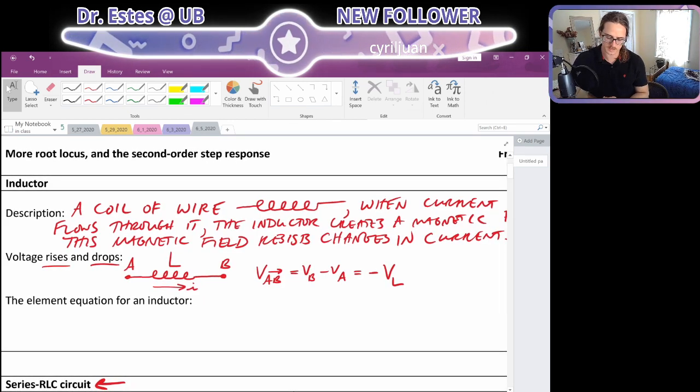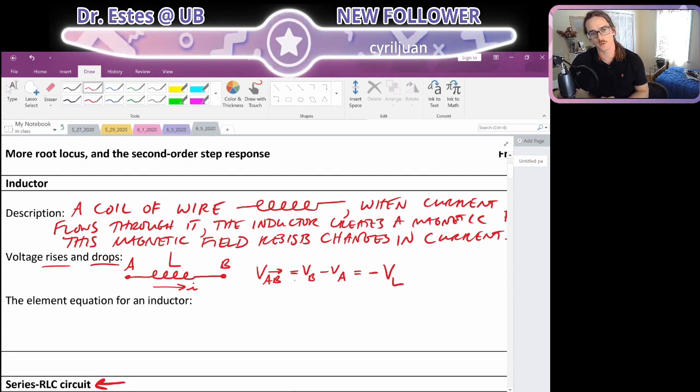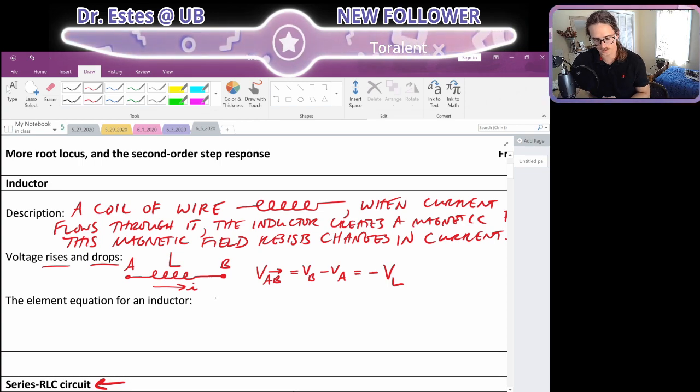So basically what this is saying is you're going to lose voltage as you cross an inductor in the direction of current.